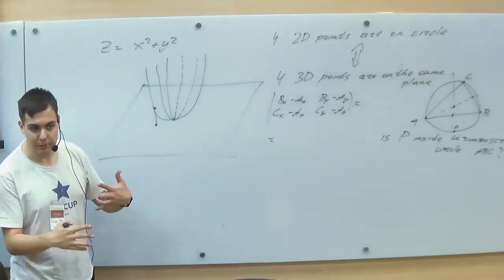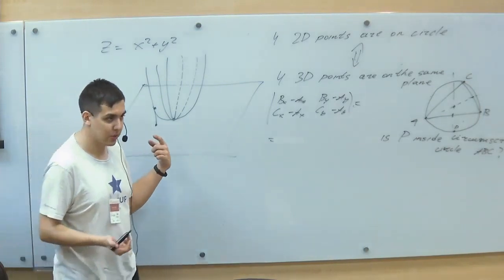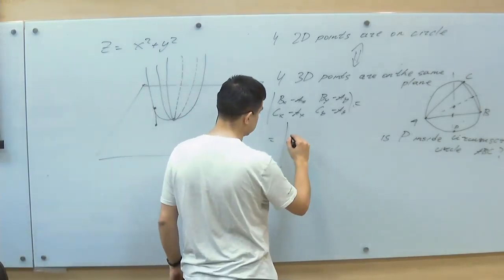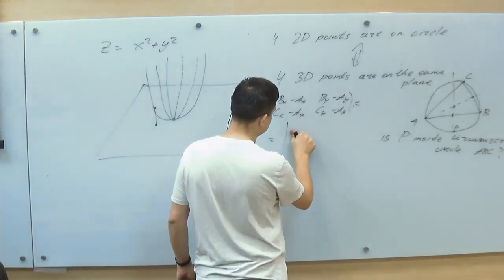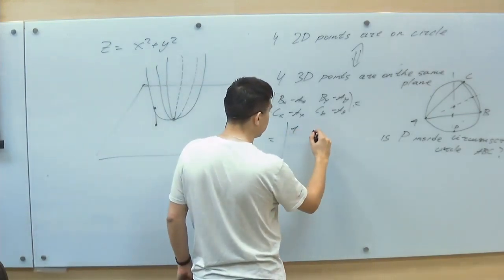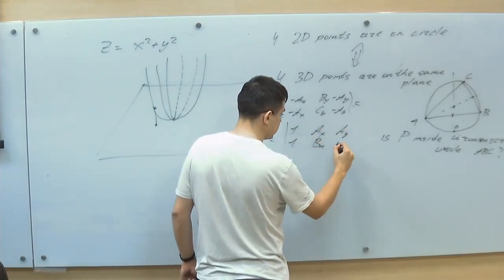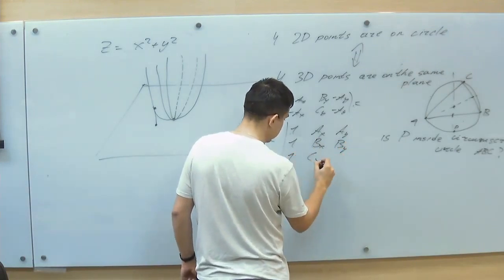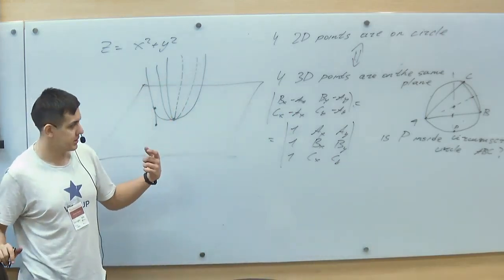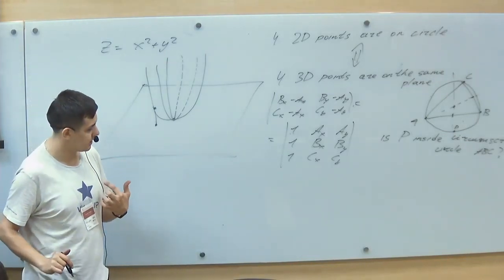Or there's an equivalent 3x3 determinant, which might be easier to remember: 1 ax ay, 1 bx by, 1 cx cy. Not sure about the order, but probably it doesn't matter. So this is how you check if 3 points lie on the same line in 2D space.